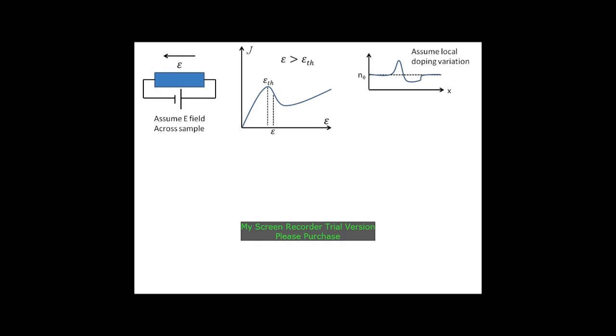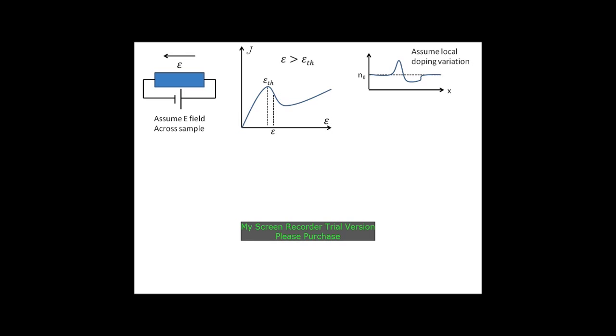Third, we'll also assume that there are very small variations in the doping concentration as a function of distance across this material. And this is actually very critical to the Gunn diode operation.